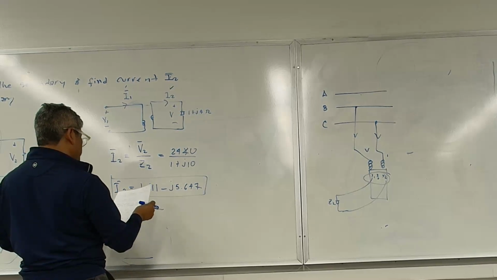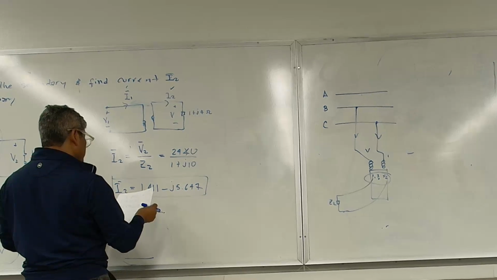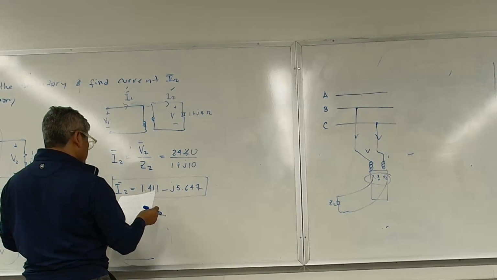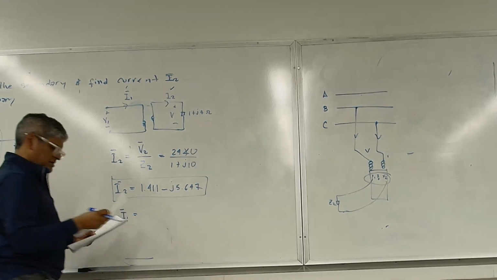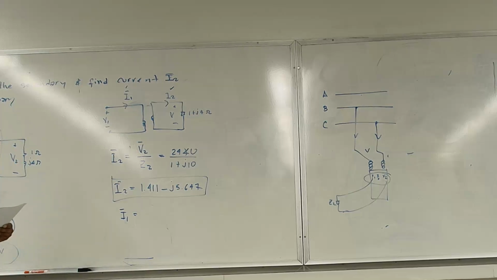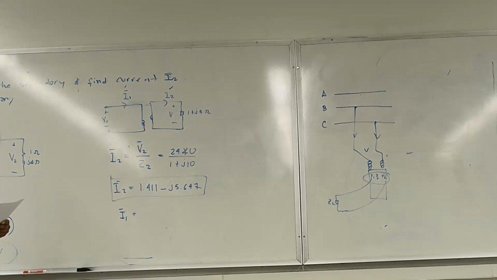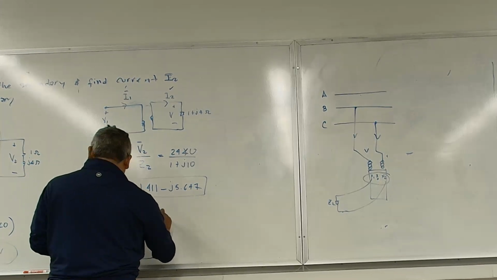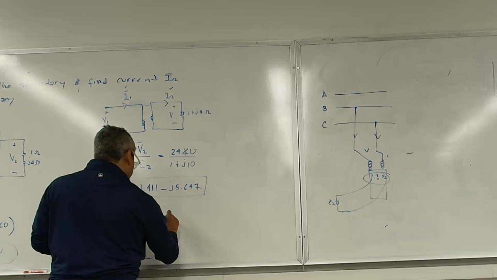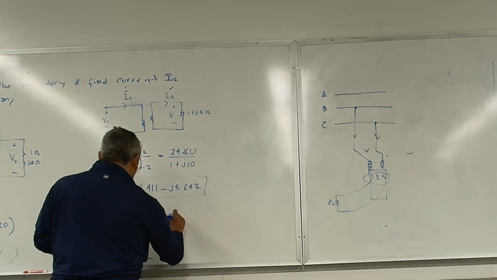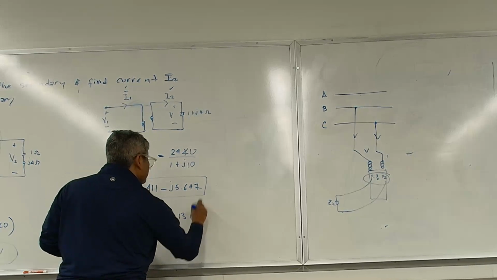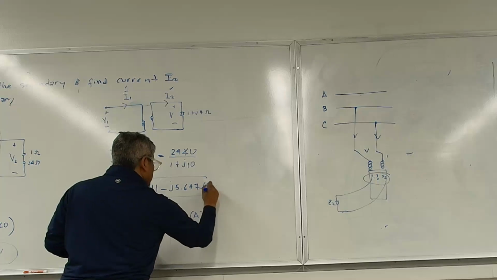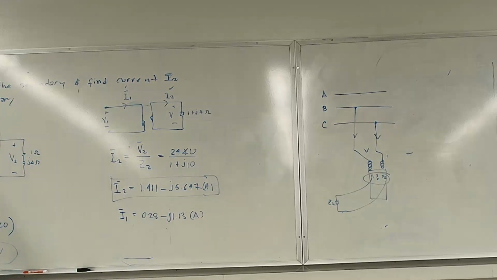Yeah, I did, right? 0.28 minus j1.13. Is that what I have? You put 1 plus j10. I put 1, I'm sorry. And the Z2 should be j4, not j10.